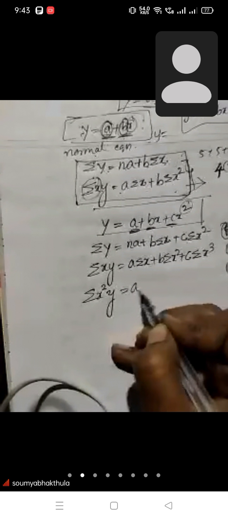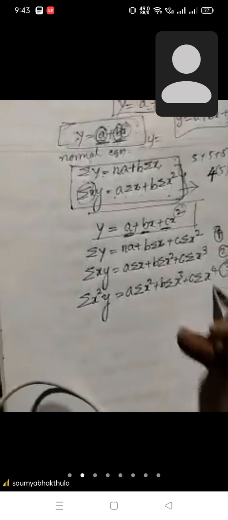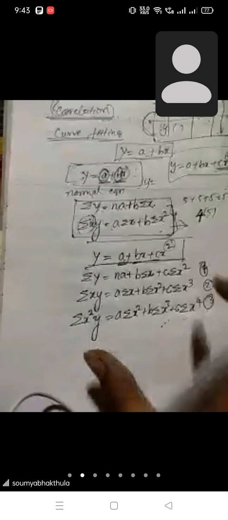Now I am going to take summation x square y. That is a summation x square plus b summation x cube plus c summation x power 4. So these are the equations to find this second degree curve or parabola. So in these problems you have to remember this one and this one.